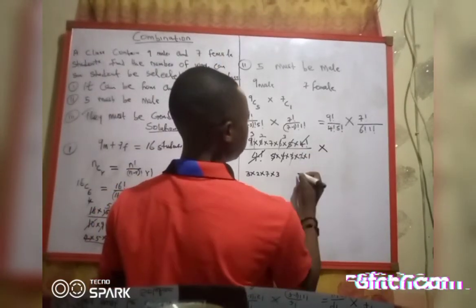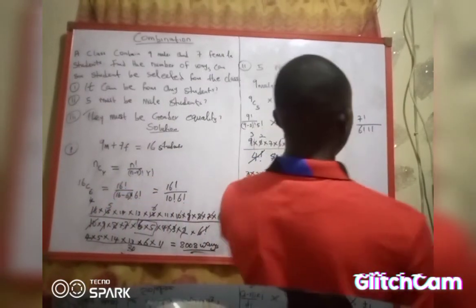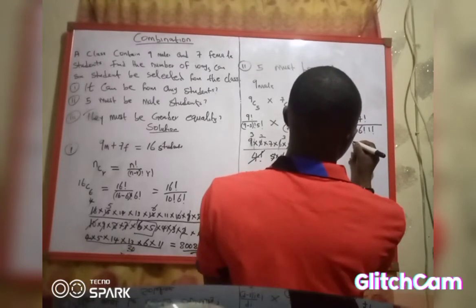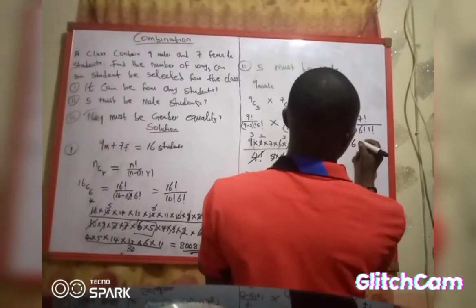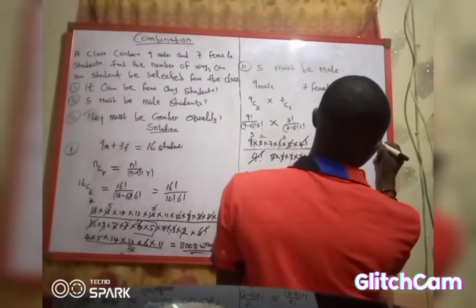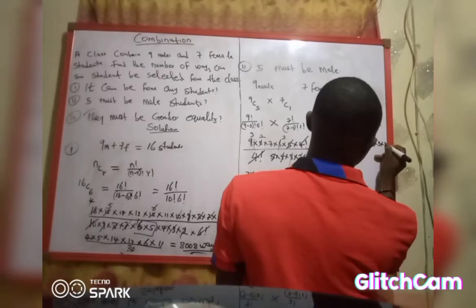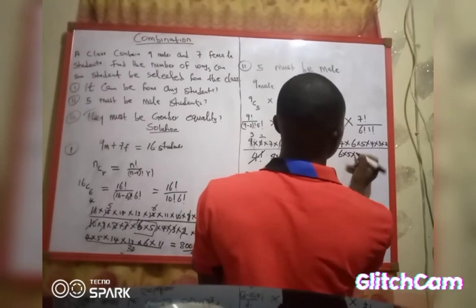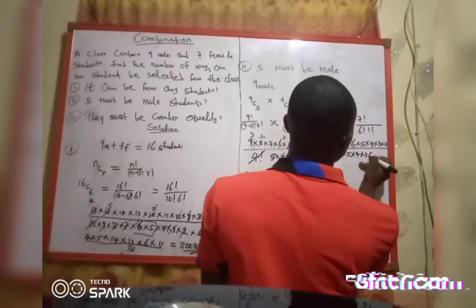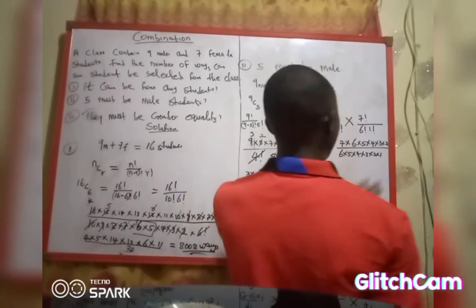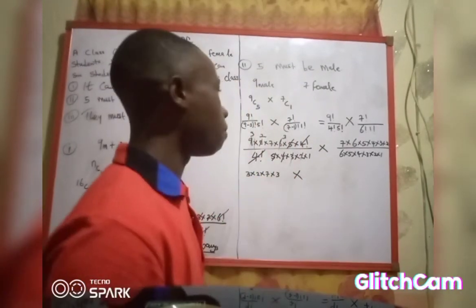Then multiply by 7 factorial, which is 7 times 6 times 5 times 4 times 3 times 2, all over 6 factorial, which is 6 times 5 times 4 times 3 times 2 times 1, and 1 factorial is also 1. Any number times 1 is still that number.